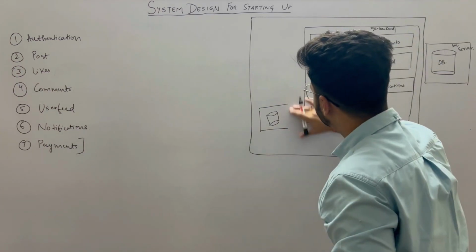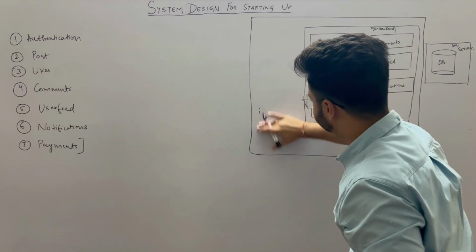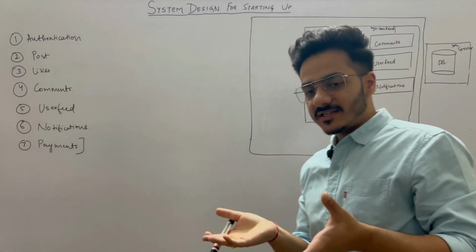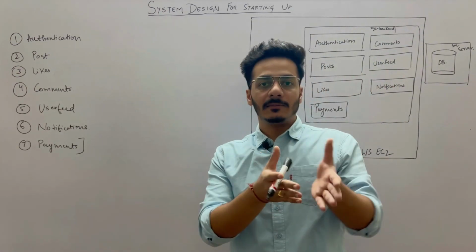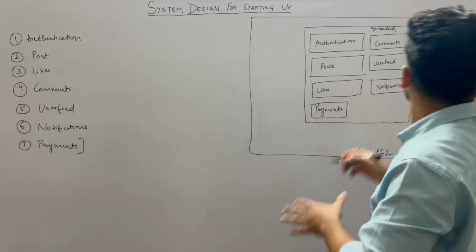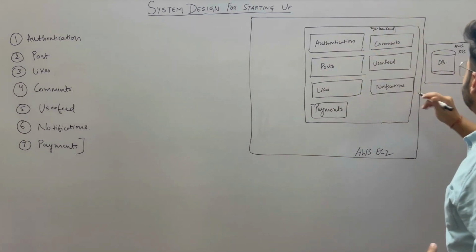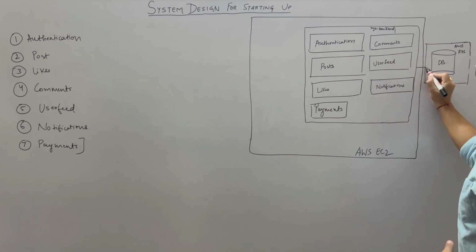So I will recommend using a separate server, or you can use services like AWS RDS. So now instead of this SQL server, I will use the AWS RDS service, and I will have a DB over there, and this code base will be linked to this DB.